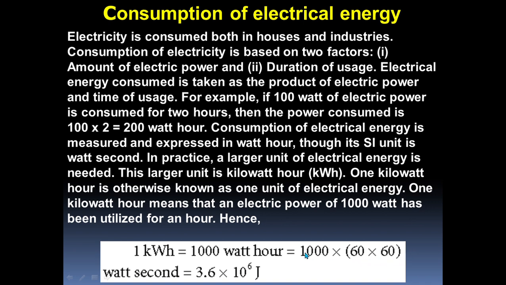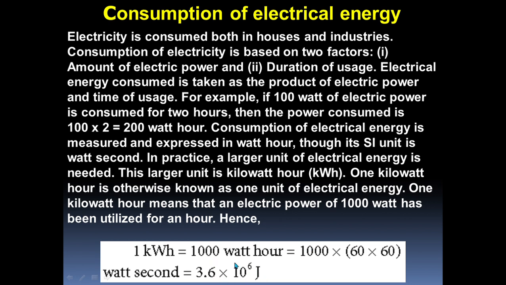So 1000 is 1 kilo. 1 hour consists of 60 minutes and 60 seconds. So 1000 into 60 into 60, that means watt second, is equal to 60 into 60, 3600, and into 1000 means 3.6 into 10 power 6 joule.